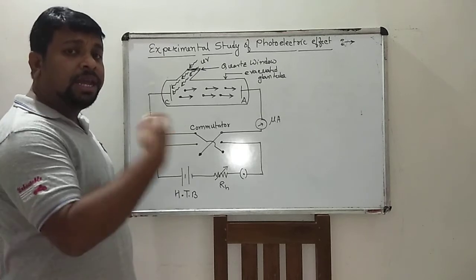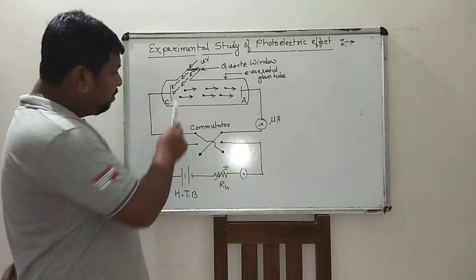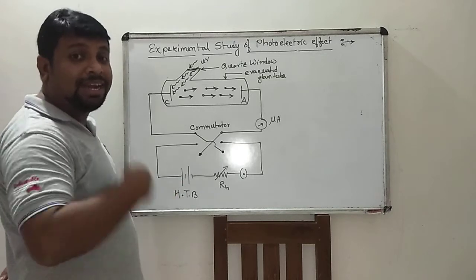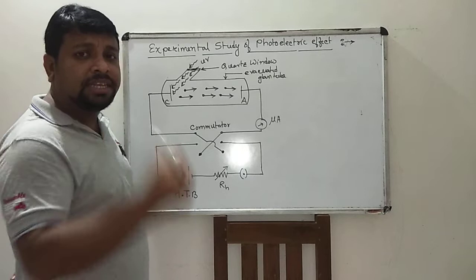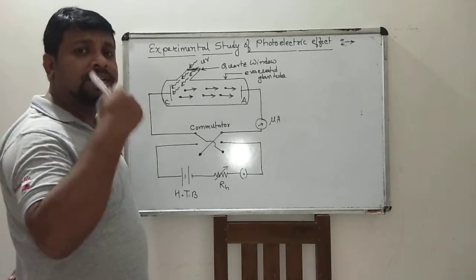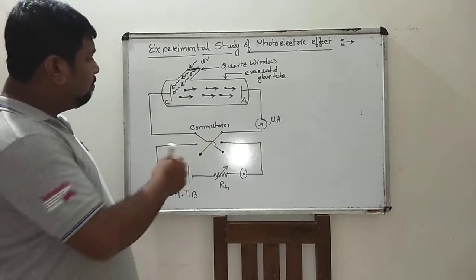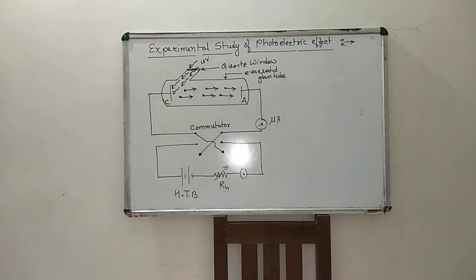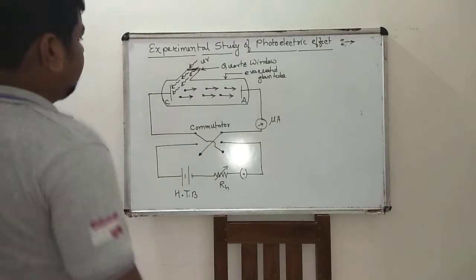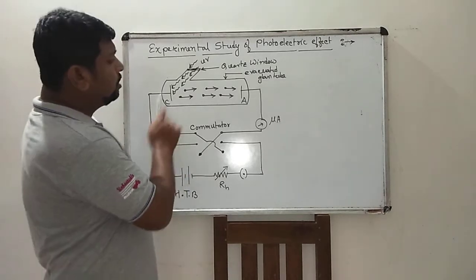Then these electrons are ejected from the metallic plate. The excited electrons have a tendency to move from the cathode to the anode.